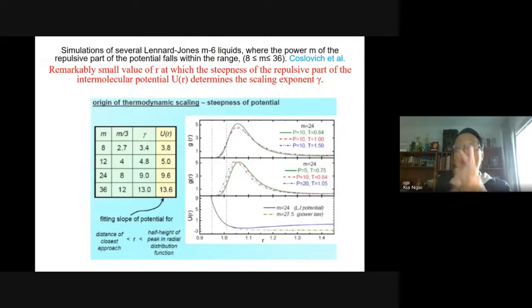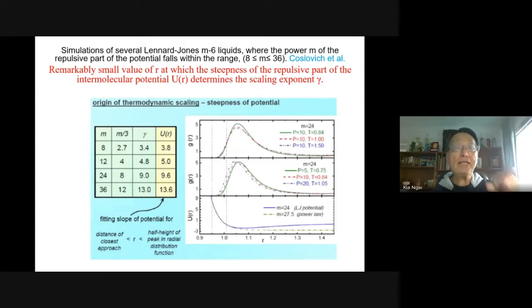For example, a simulation has been done by Koslowich, and he did this with different Lennard-Jones potentials. So in the Lennard-Jones potential, they changed M, on the left side, the table there.